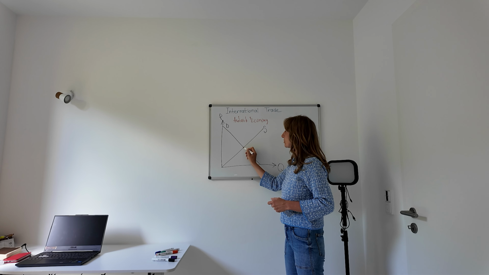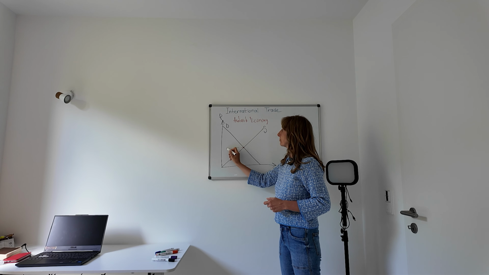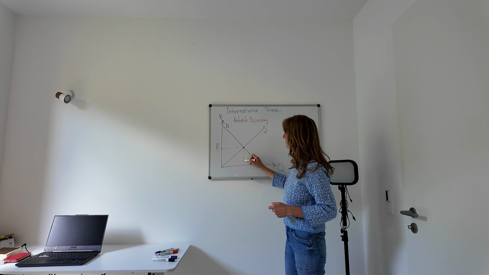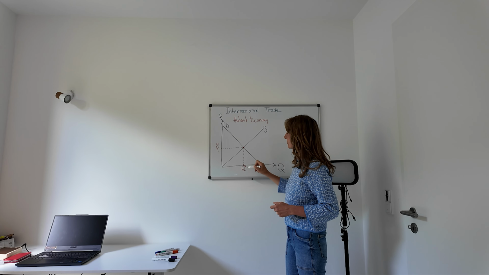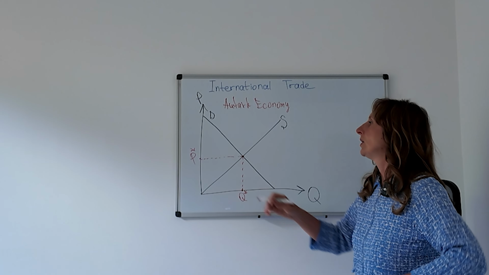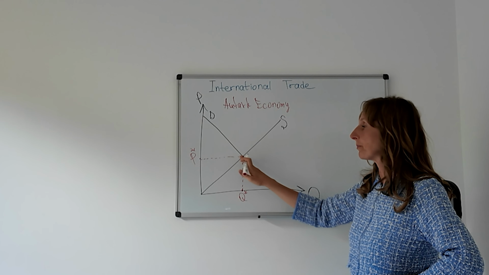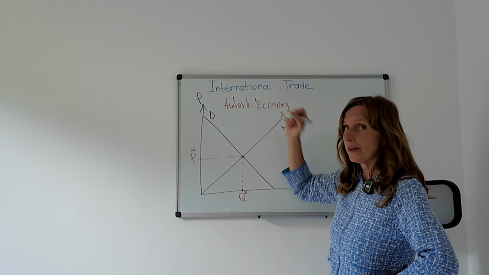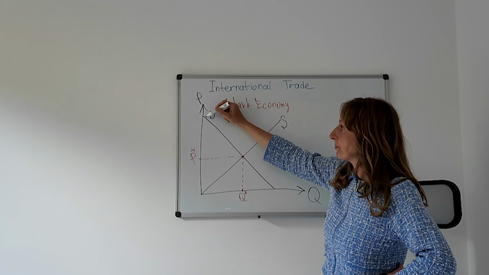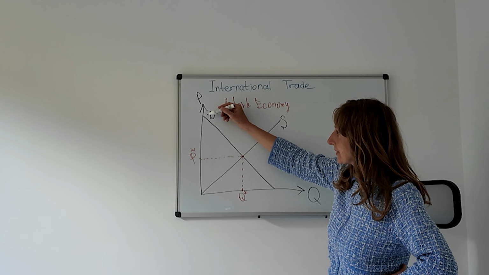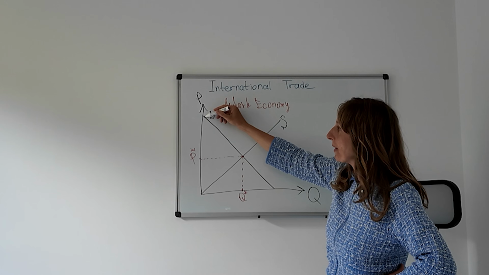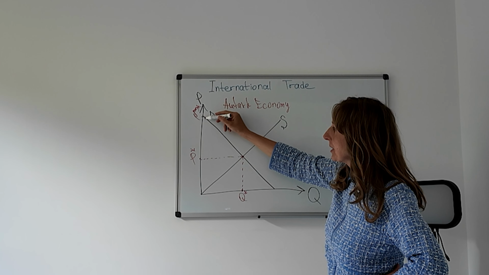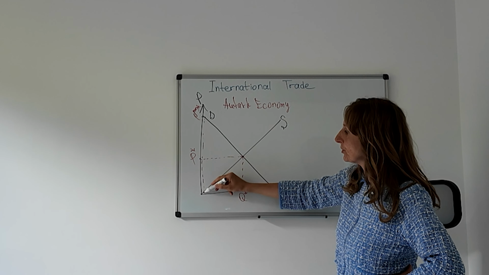And we say that in an autarky economy, there is an equilibrium price, P star, and an equilibrium quantity, Q star, of a certain good. The demand curve shows us the total amount of goods demanded in this particular economy, which means that, for example, this consumer is able to pay this high price, let's say P maximum, for the amount of good he needs.